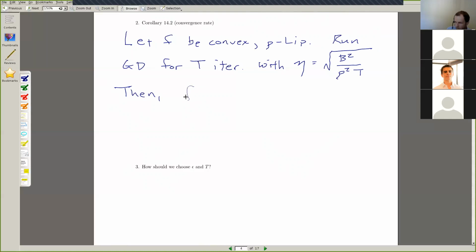Then F of W bar minus F of W star is less than or equal to B times rho divided by the square root of T. So here, this is an example of a result that I would call a pure optimization result.